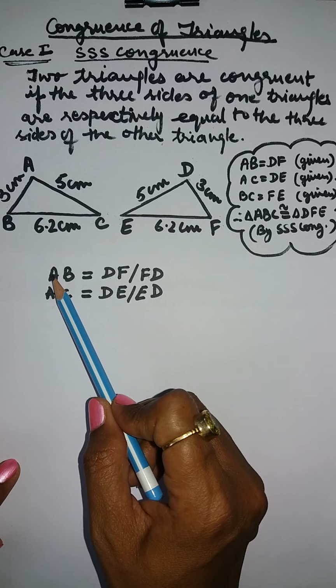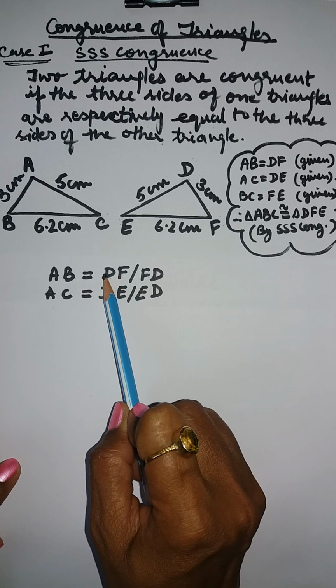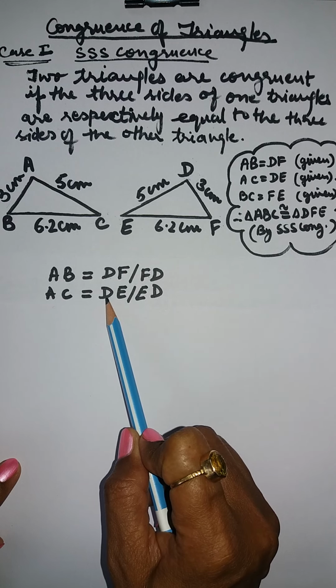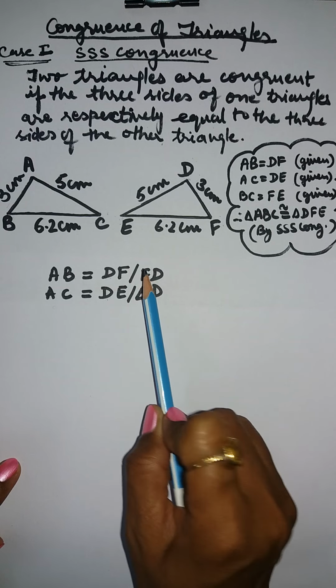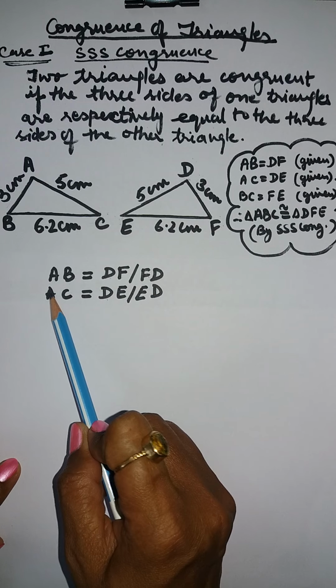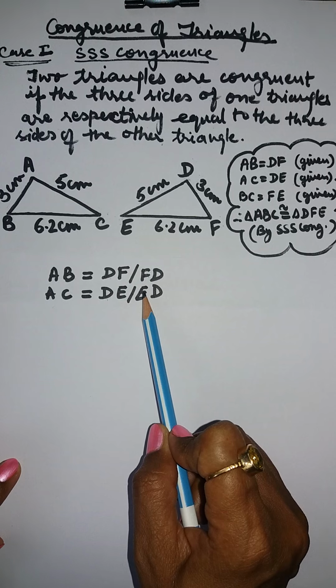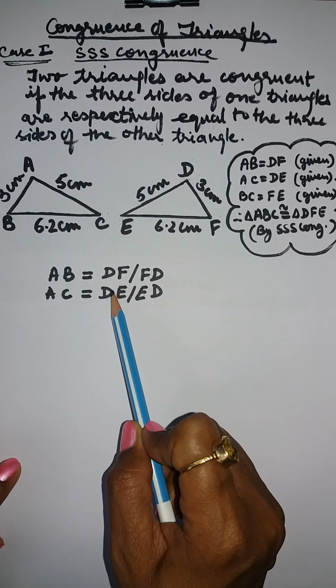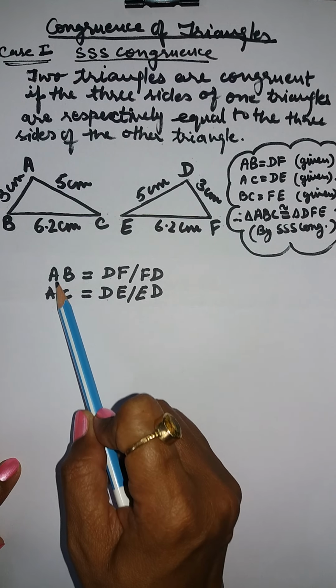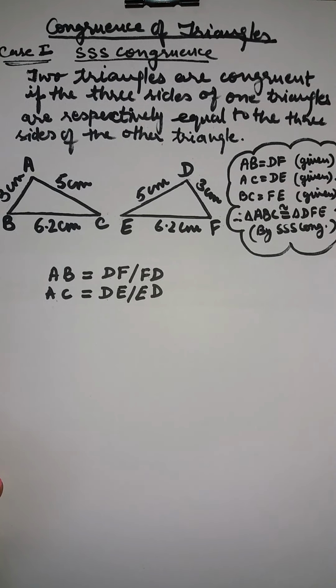Now we match. A and D will match here. When I take this F, A will match with F and A will match with E. The two different letters are matching. The only matching letter is D. That means D vertex will match with A vertex.